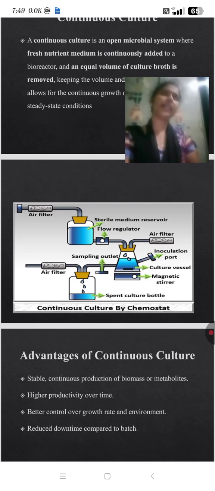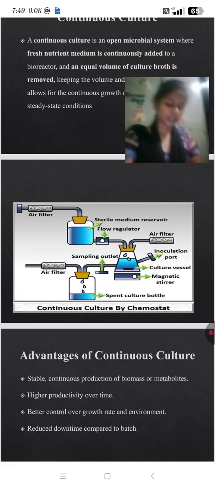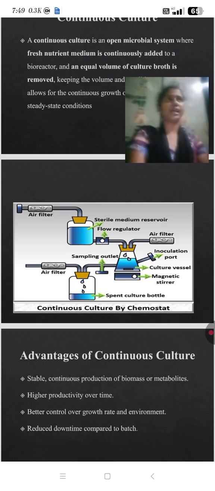Used for industrial fermentation, wastewater treatment, and enzyme and protein production.